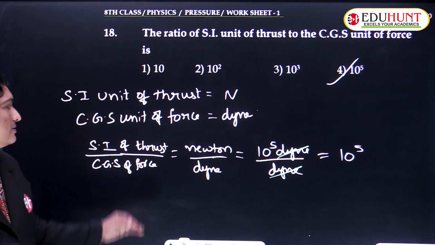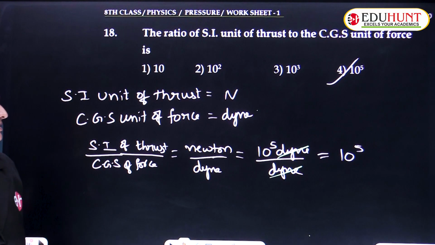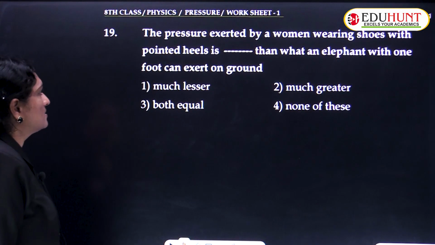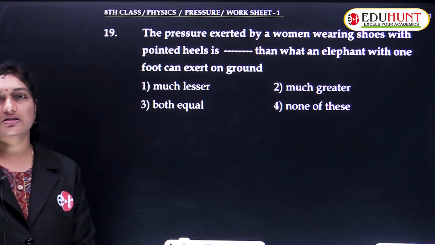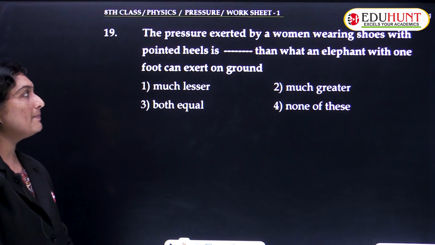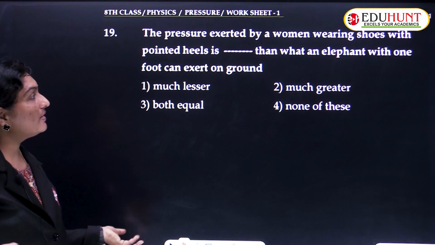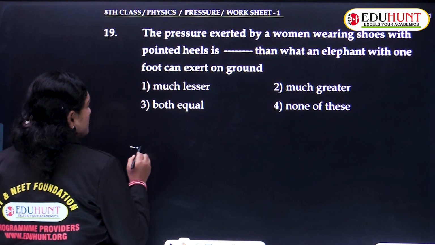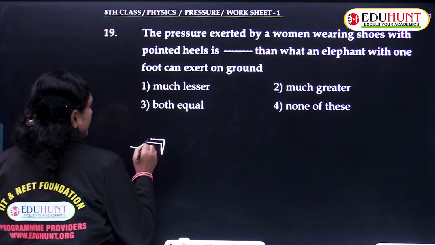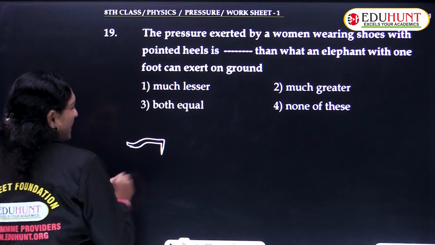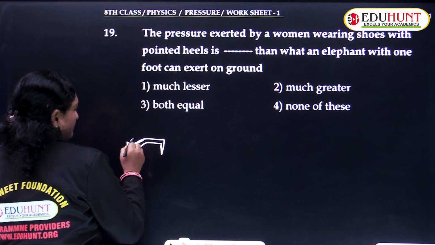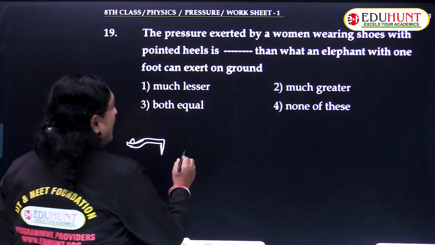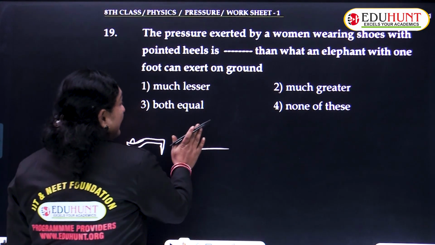That's it. The ratio of SI unit of thrust to the CGS unit of force is taken as 10 power 5. So now look at the 19th question, children. The pressure exerted by a woman wearing shoes with pointed heels, something like this, pointed, is dash, then what an elephant.